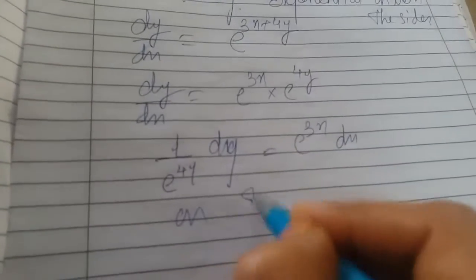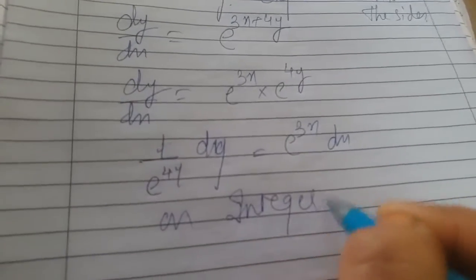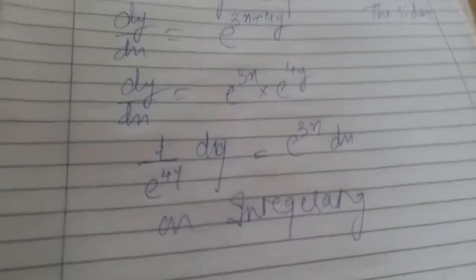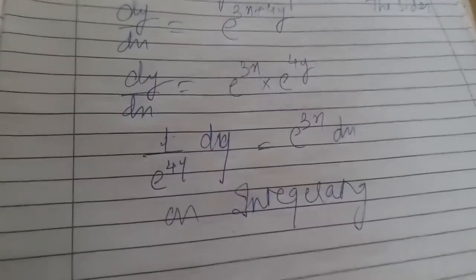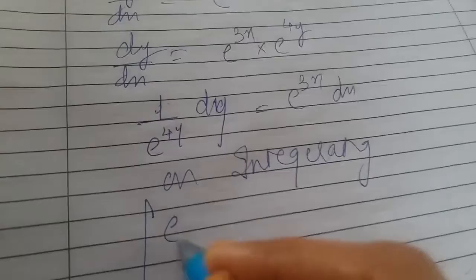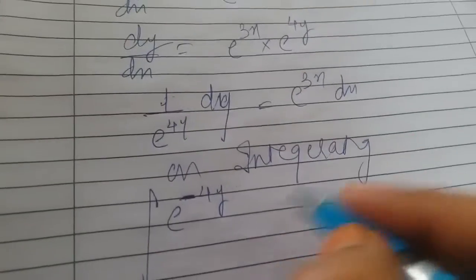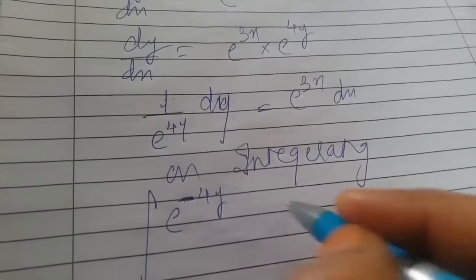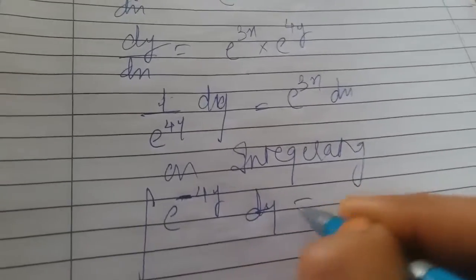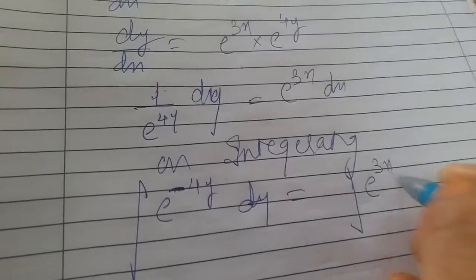On integrating, it will become integration of e to the power minus 4y dy, because 4y is in the denominator, we shift it to the numerator, equals e to the power 3x dx.